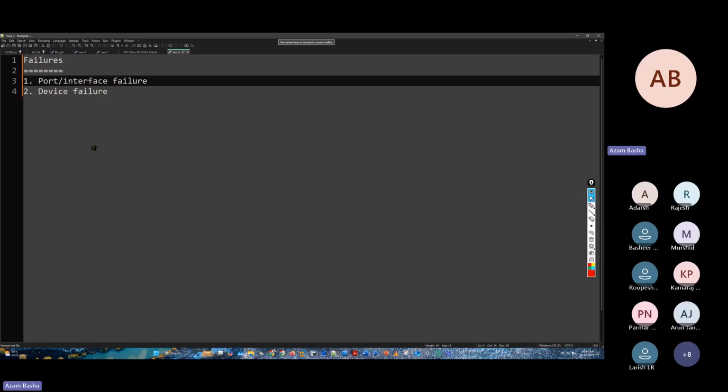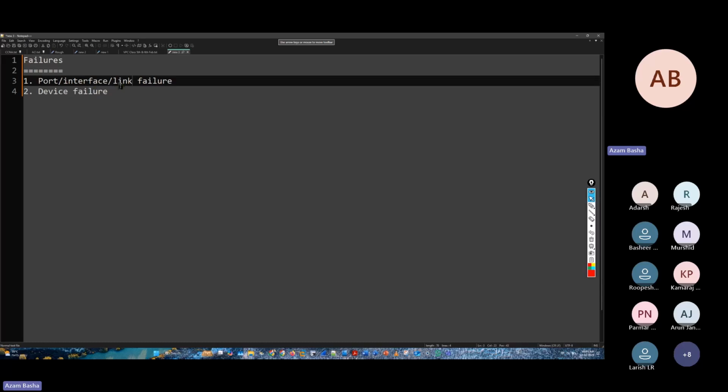Anything apart from port or interface and device? Link failure also? Yeah, that would also come under interface itself. Port and interface both are the same.